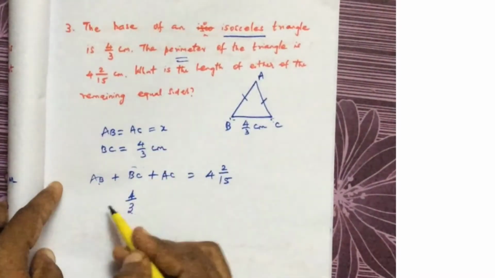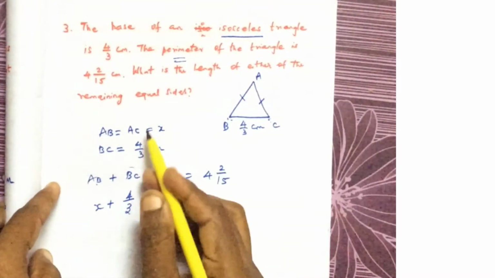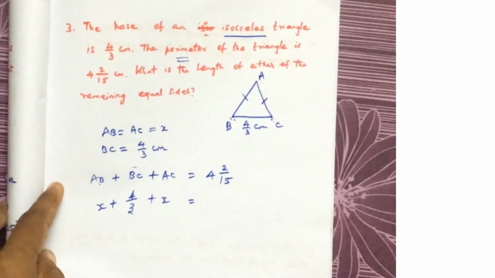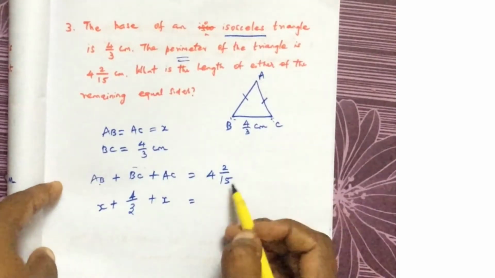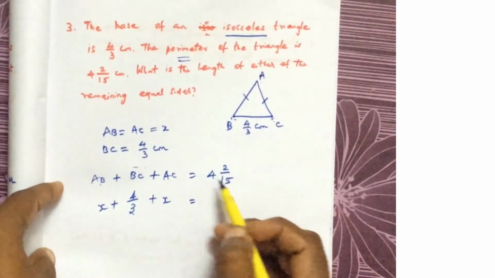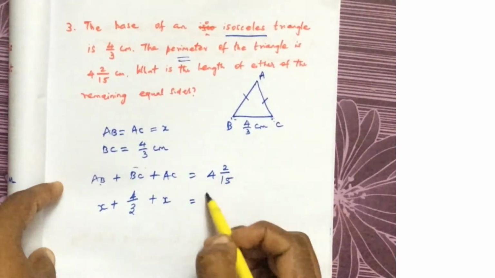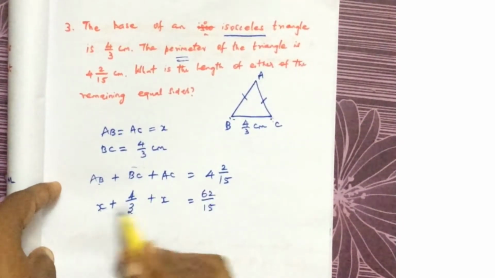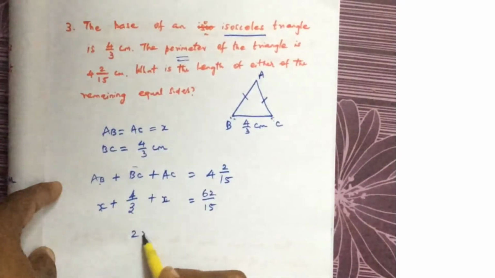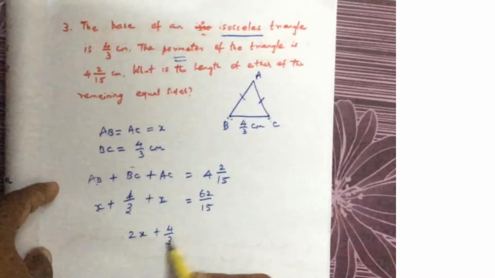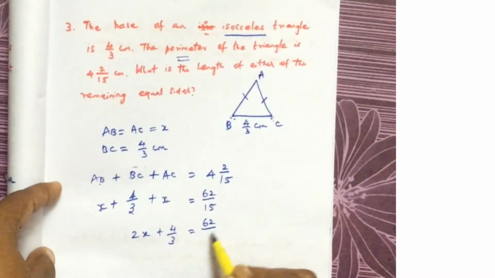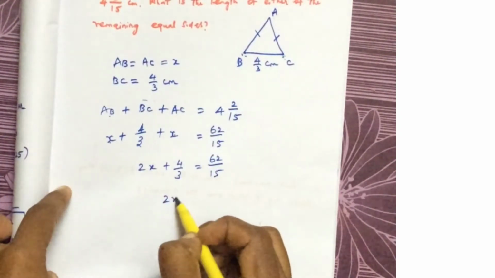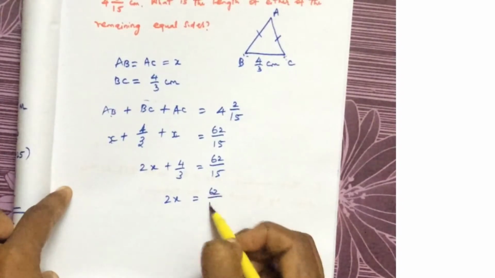Instead of AB, I am substituting X plus, instead of AC also, I can substitute X, plus 4 by 3. That is equal to, here you can convert into a proper fraction: 15 multiplied by 4 plus 2, that is 62 by 15. Here X plus X is 2X. 2x plus 4 by 3 is equal to 62 by 15. Now 2x equal to 62 by 15.